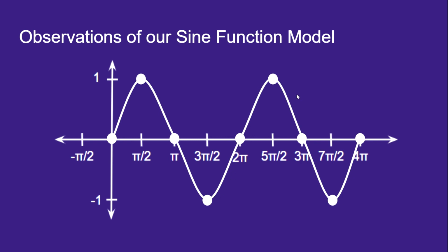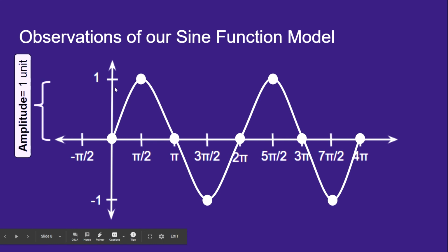Now what I wanted to do was point out a couple of the features of this sine function for you guys, okay? So remember, this is sine of theta. Something to observe here is what we call the amplitude, which is how far up it goes, and how far down it goes. We don't concern ourselves with both because they're the same thing.